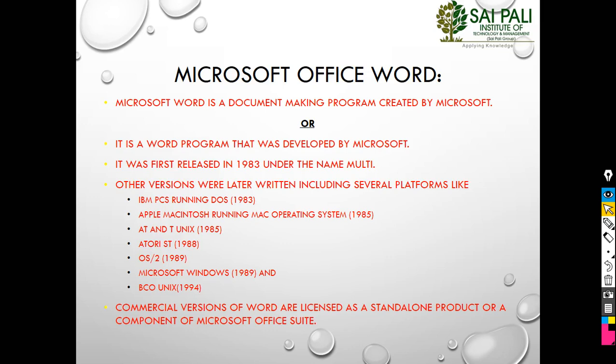There are some commercial versions of Word which have a license for standalone products. Like if you want only Microsoft Office Word and you don't want other applications, you can go and buy only Word. You can get a license for a standalone product and use only Microsoft Word there.